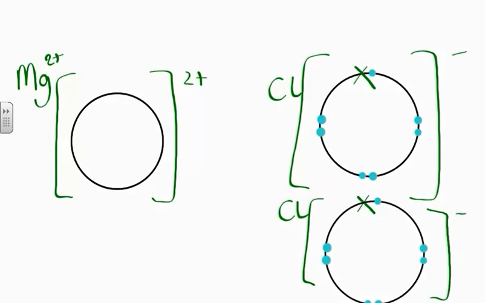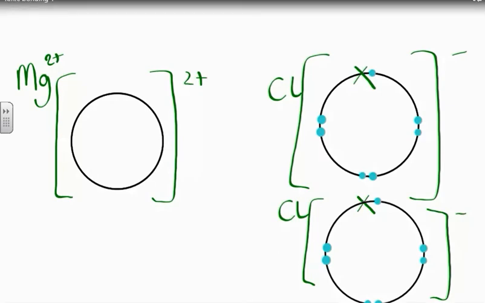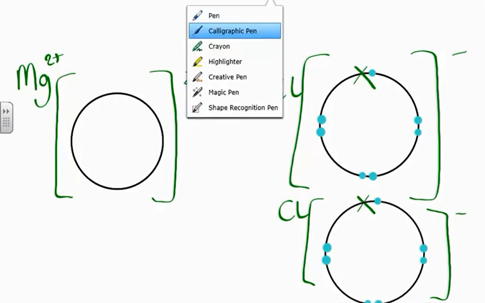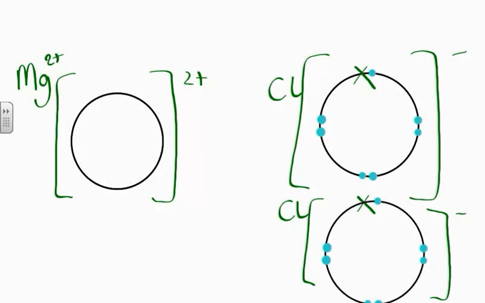So because magnesium lost 2 electrons and we needed 2 chlorine atoms to transfer those electrons to, we've now got 1 magnesium ion and 2 chloride ions. So if we wanted to write that out as a formula, we'd need 1 magnesium, Mg, and 2 chloride ions, so Cl2.